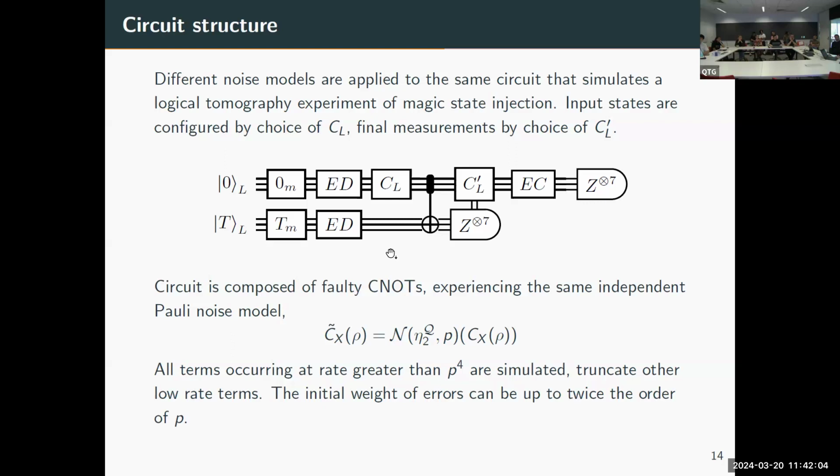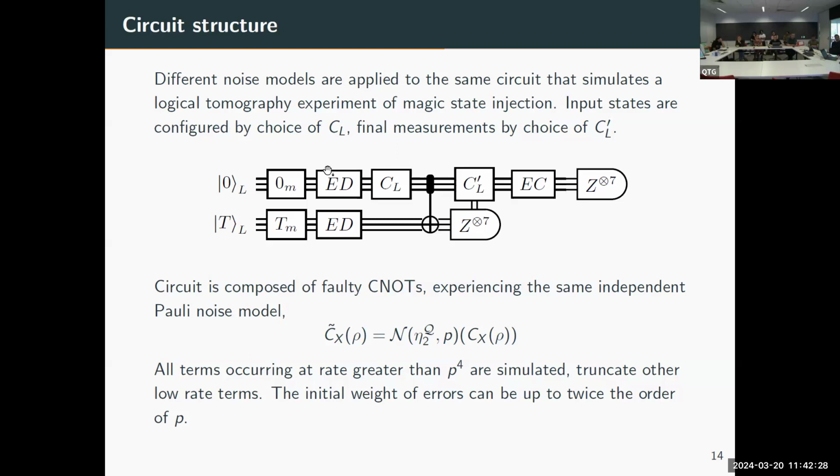I guess there are two motivations here. First, you're exactly right that the magic state preparation necessitates this error detection circuit. You can't do it without that. And the error detection up here is maybe less necessary for a lot of reasons.